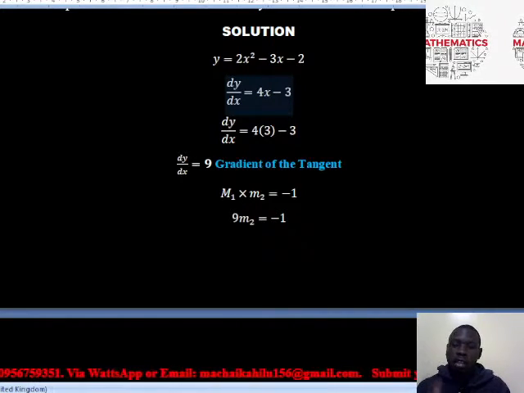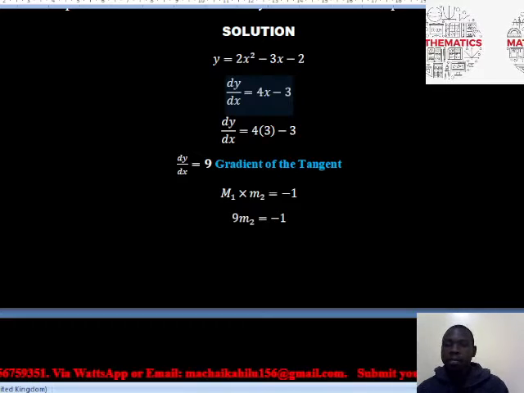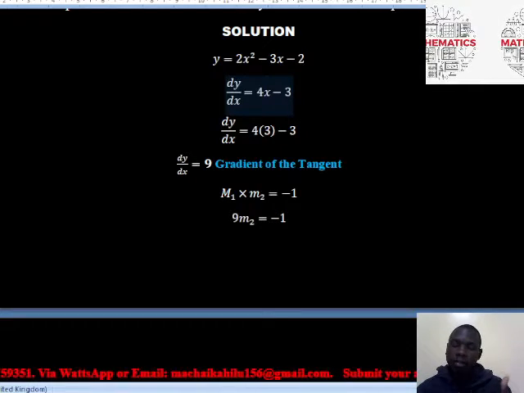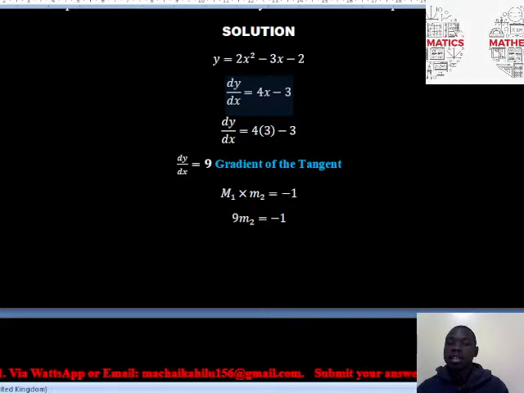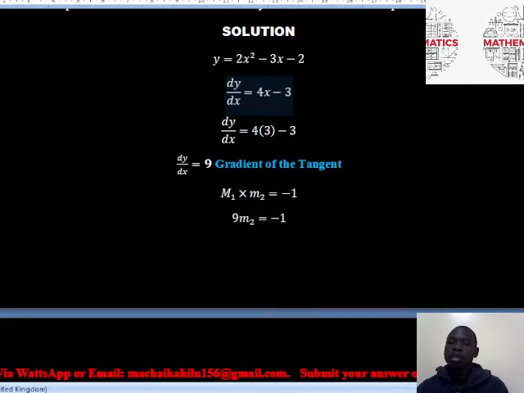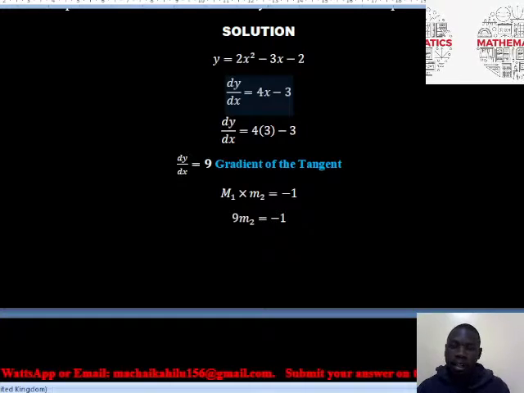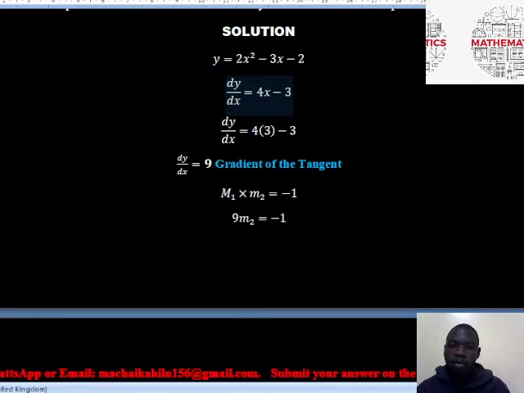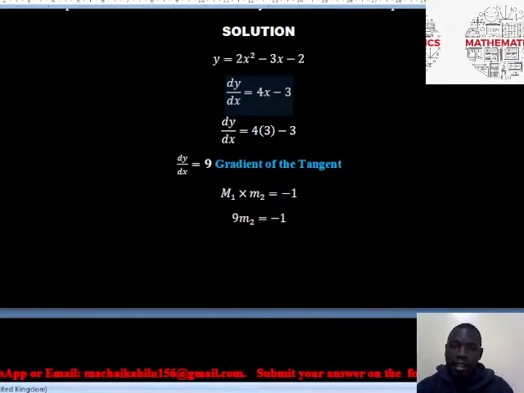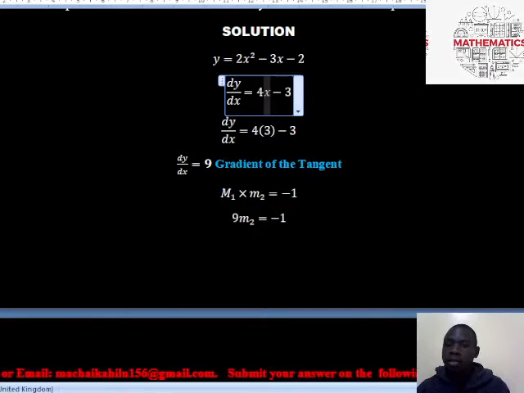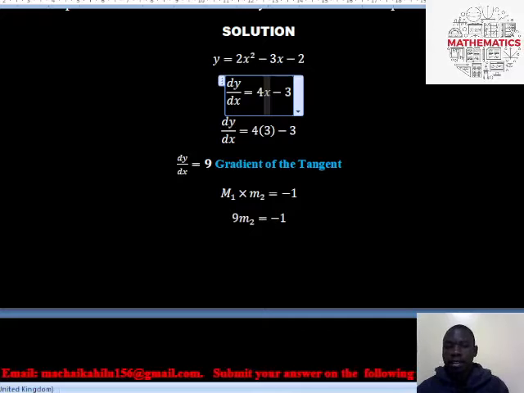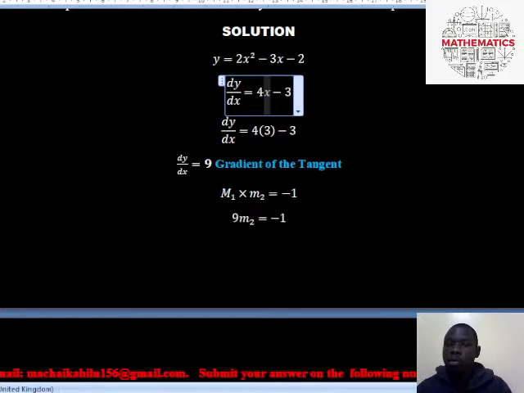Now after differentiating that function, remember that first of all, we need to find the gradient of the tangent before finding the gradient of the normal. When finding the gradient of the tangent, all we need to do is replace the x there with the value of x. Where there is x, we put its value.